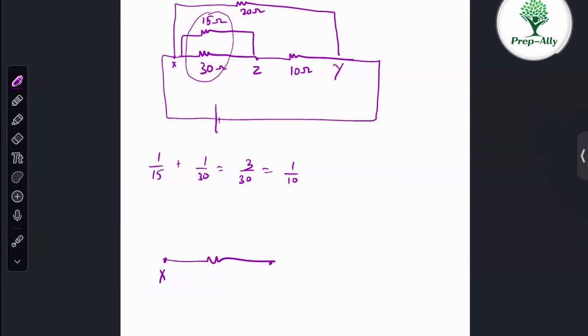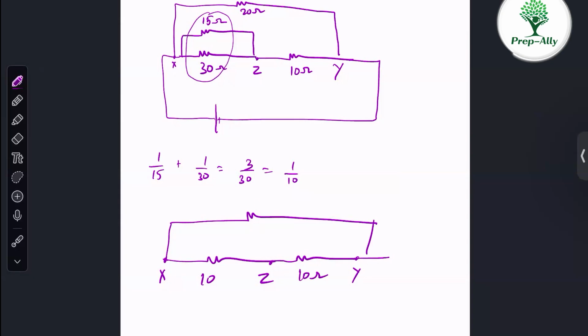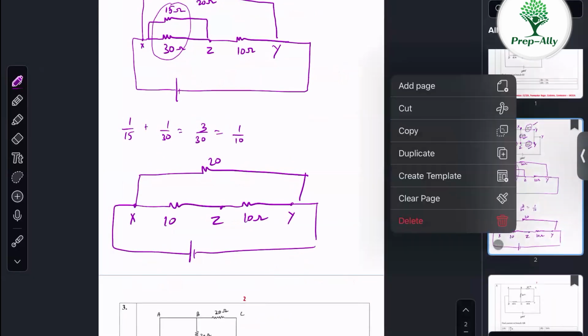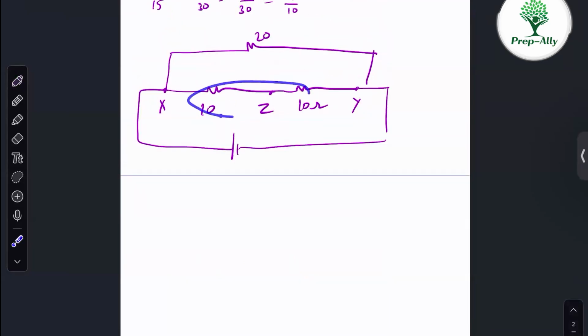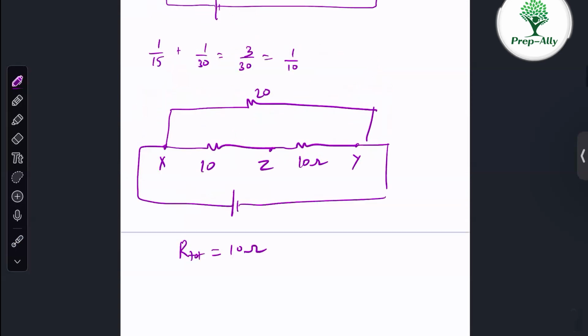So between X and Z, between Z and Y, this is also 10, this is also 10, this is 20. So now immediately we can write the total resistance across the cell: 10 and 10 in series is 20, and then 20 and 20 in parallel will give you half of 20, which is 10.